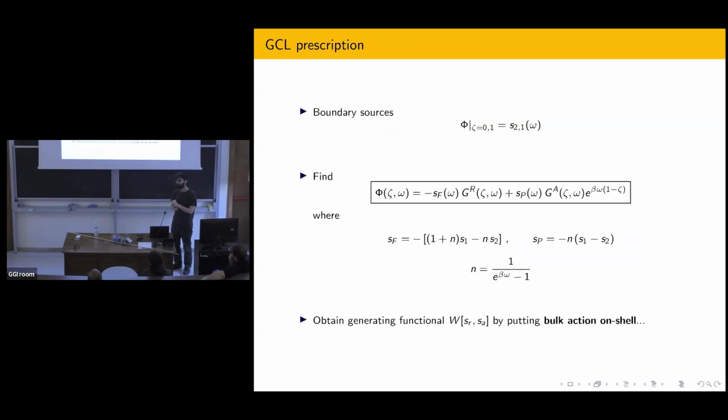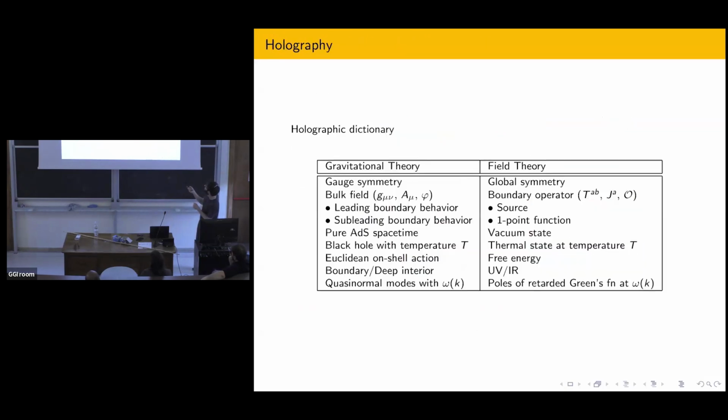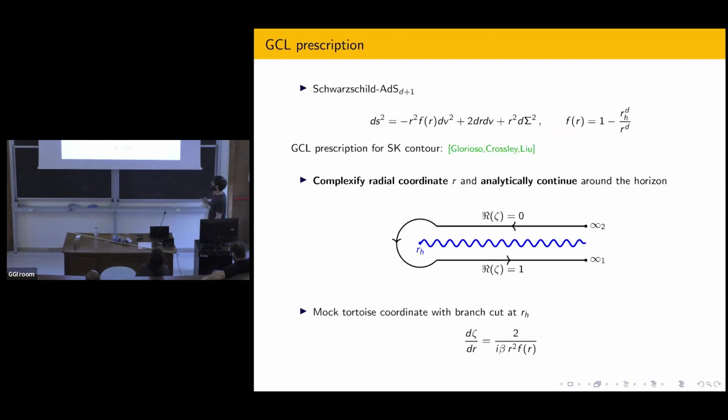Right, not path integral indeed. The generating functional is equal to the bulk on-shell action with specific asymptotics. So this is what I said. Good.